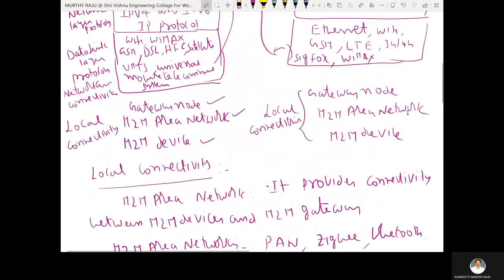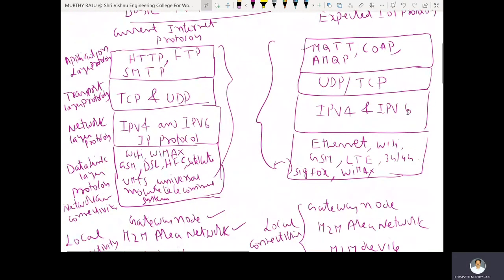This one is simplified. This one is hypertext. This one is the current internet protocols.